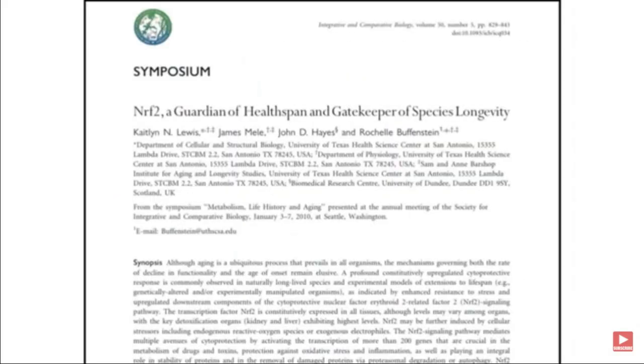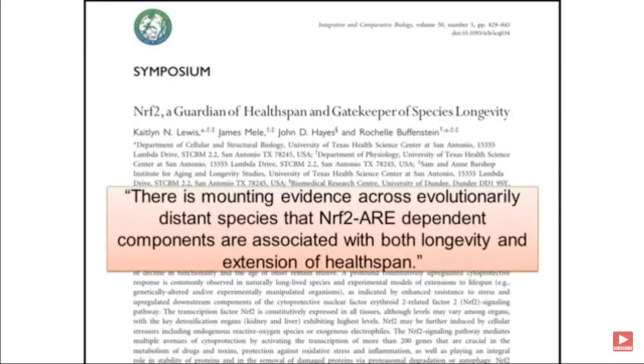This is another article that I frequently reference to folks who are trying to get a handle on what Nrf2 is. Nrf2, guardian of health span and gatekeeper of species longevity. It gives a great synopsis of what Nrf2 does in the specific organ systems. So it'll go through the heart, the liver, the GI tract, everything, and tell you all the studies that have been done on Nrf2 on organ-specific things.